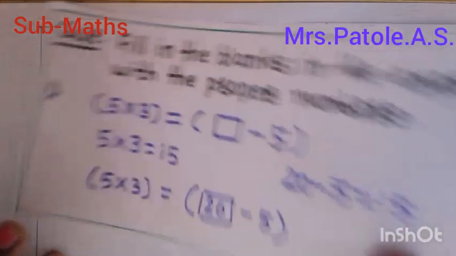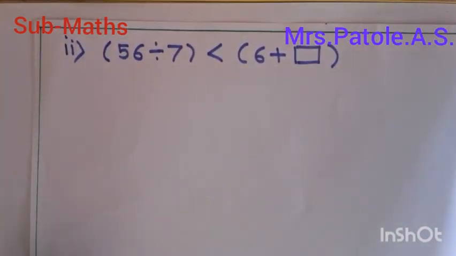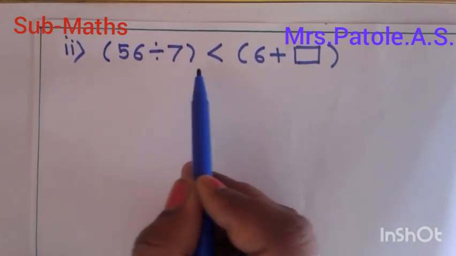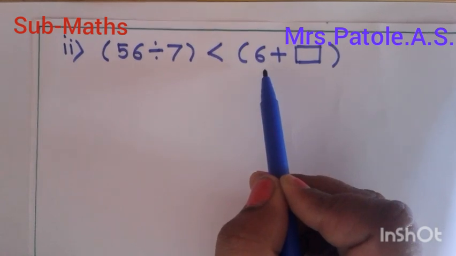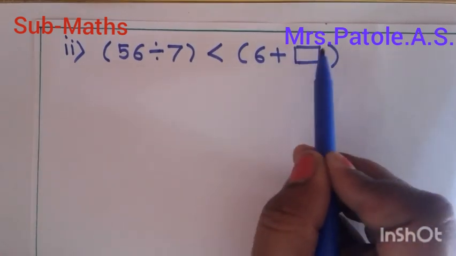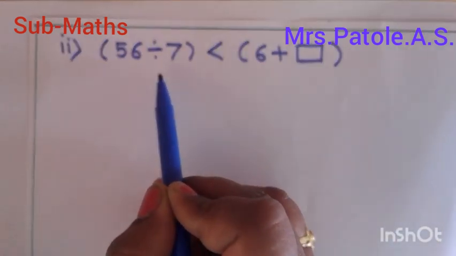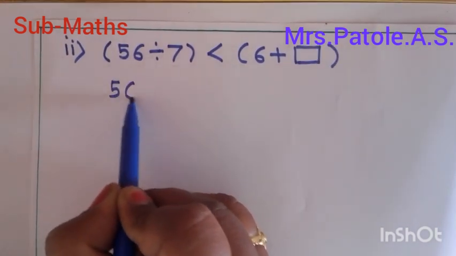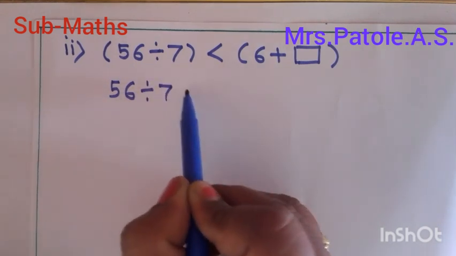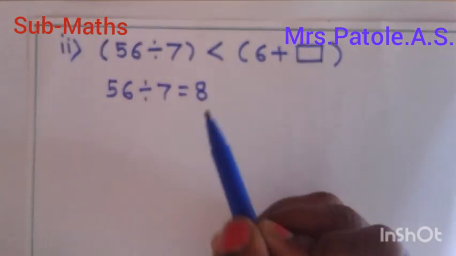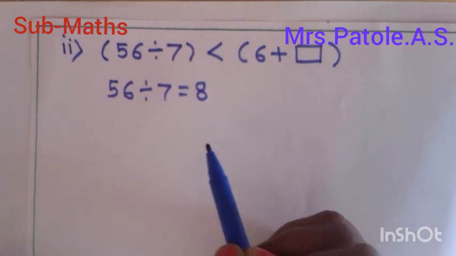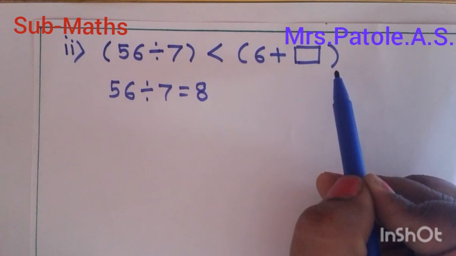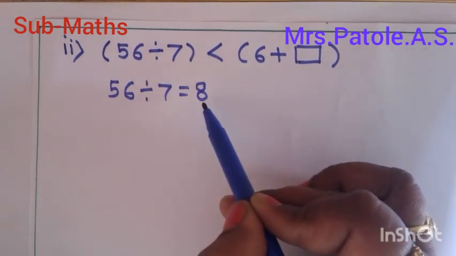Now, the next example. In this example, we have the first expression 56 divided by 7 and the second expression is 6 plus an empty box. We have to find out the value of the first expression. 56 divided by 7 is equal to 8. So here, we remember that the value of our second expression must be greater than 8.